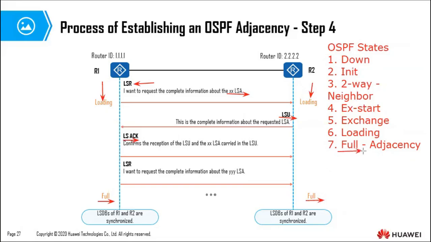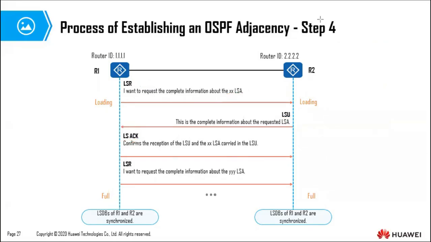When you're in the full state, then we say that your neighbor relationship is the adjacent neighbor relationship. You formed an adjacency. Okay, let me try and move a little bit faster.